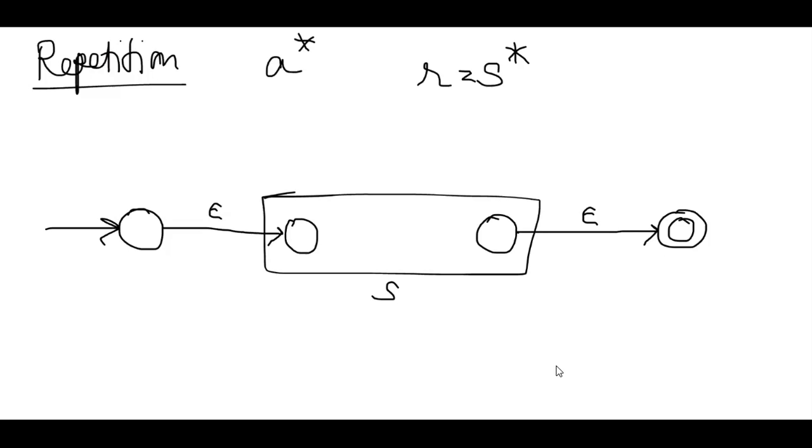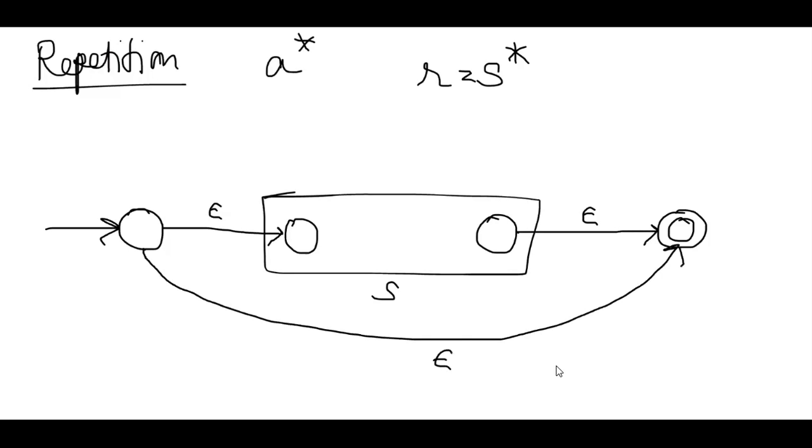Because S star means I may not repeat S any time. That means I may have 0 repetitions of S. So from the start, without repeating S even a single time, I can directly go to the final state. So I have a transition from the new start state to the new final state, and again this is an epsilon transition.